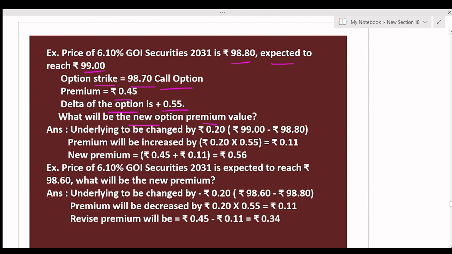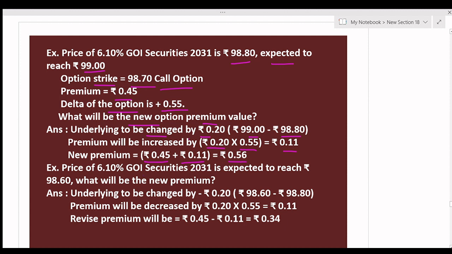The underlying is to change by 0.20, that is 99 minus 98.80. So the premium will increase by 0.20 into 0.55, which is equal to 0.11. The new premium will be 0.45 plus 0.11, which is equal to rupees 0.56.